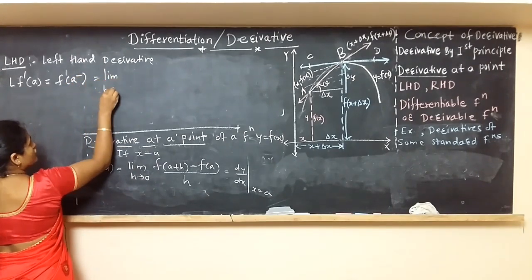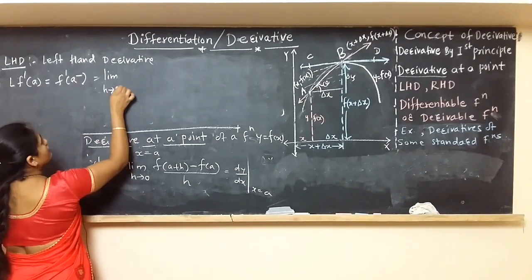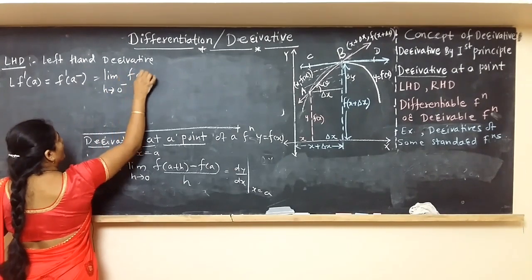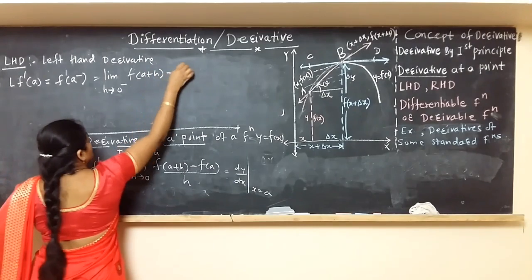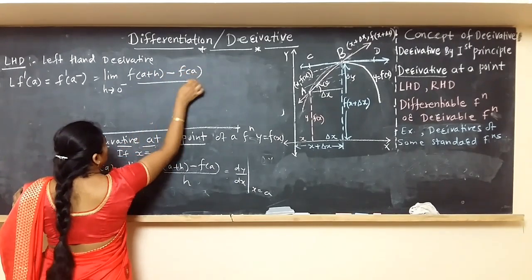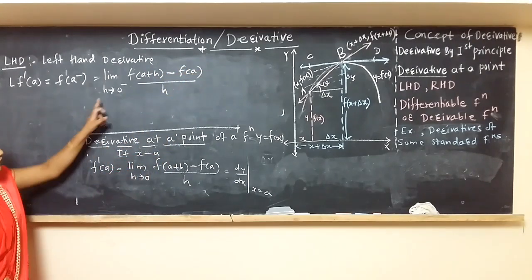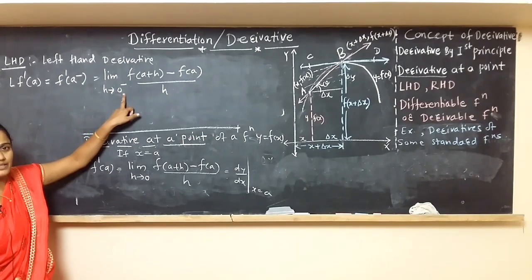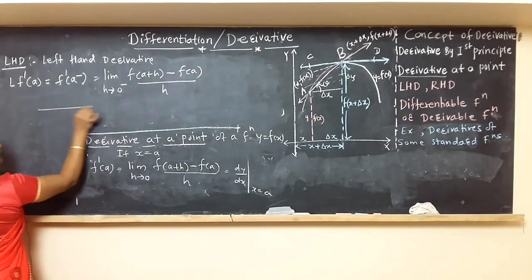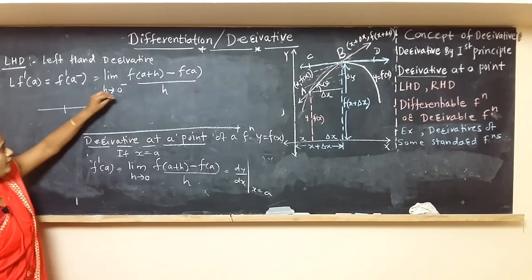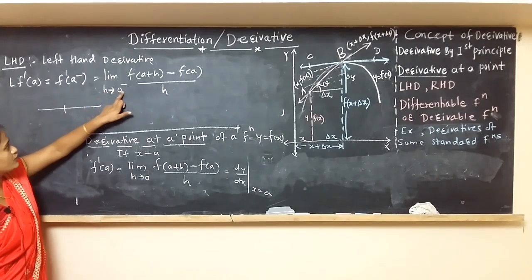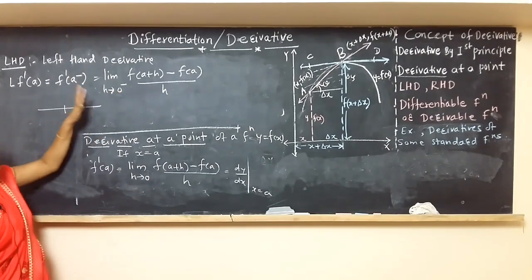Limit h tends to 0 minus, f of a plus h minus f of a upon h. So what that symbol h tends to 0 minus represents here as that change in the value of x. It tends to 0. In limiting case we get the derivative.